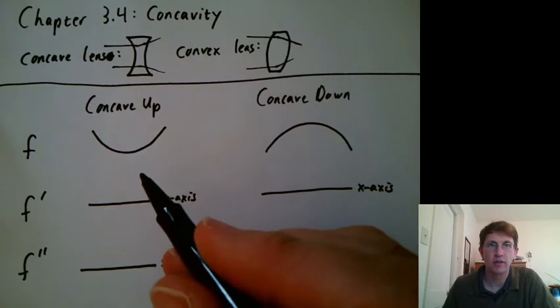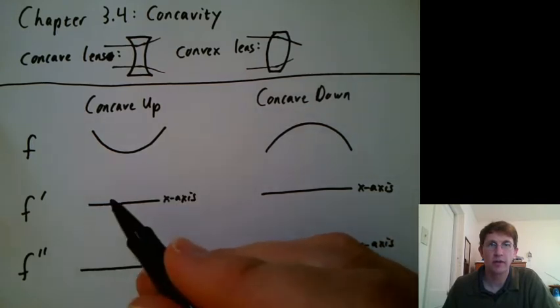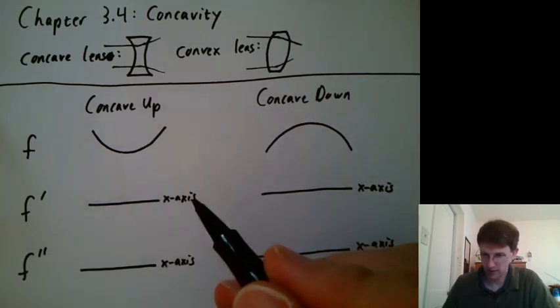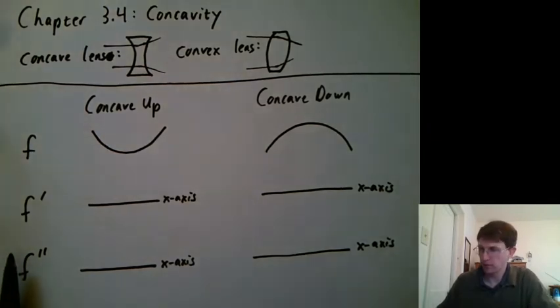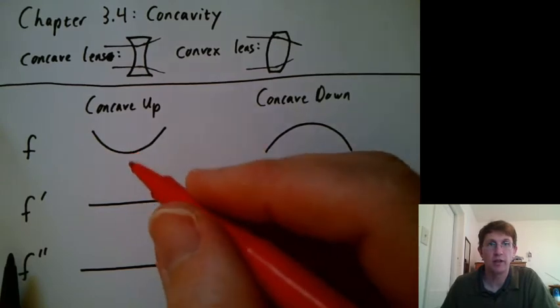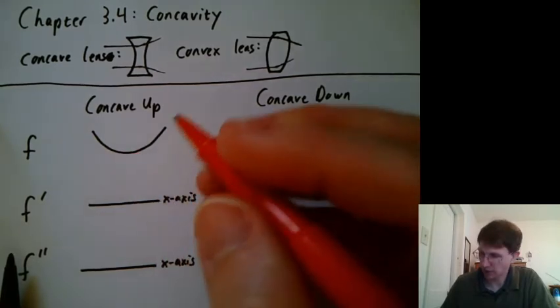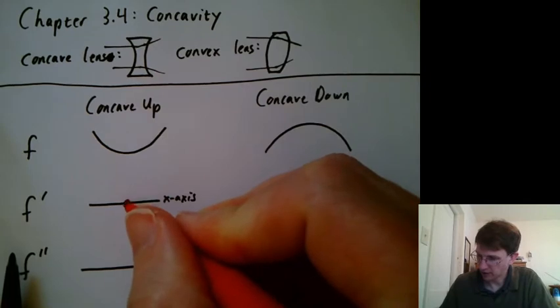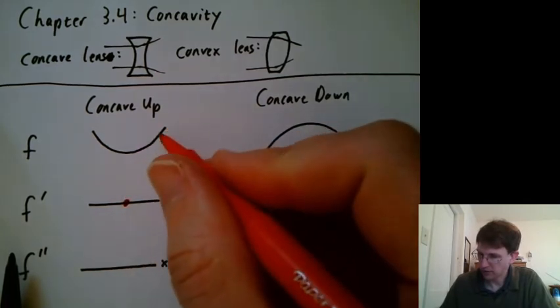So take a sec to draw what f prime would look like, and I've given an x-axis here. If this was a parabola, its derivative would be what? A straight line, and that straight line would hit the x-axis, would have an f prime of 0, at the local minimum here, and over here the slopes are positive.